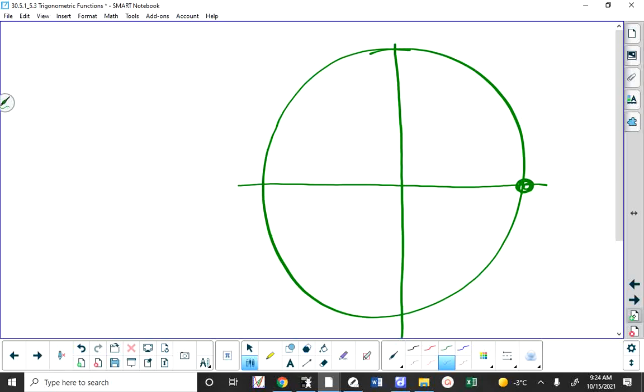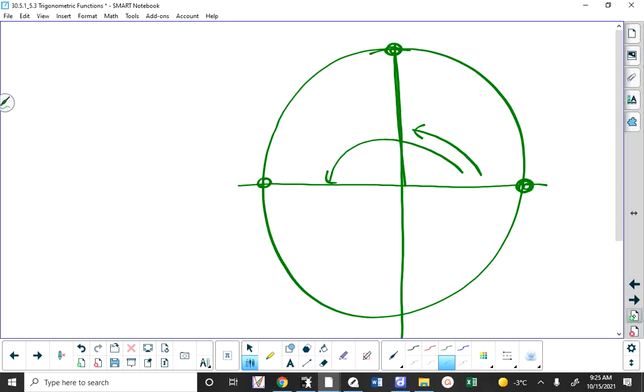If you were to look at pi over 2 rads, or 90 degrees, the y coordinate on the unit circle, which is the sine of the rotation angle, is 1. And then it starts falling off again. And when we get to 180 degrees or pi radians, the y coordinate is back to 0.